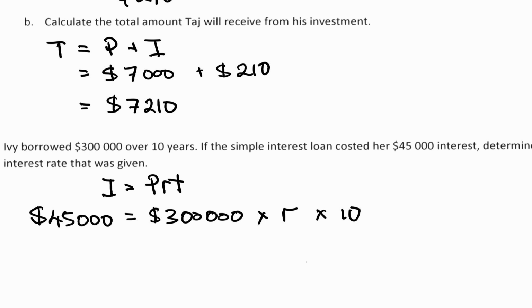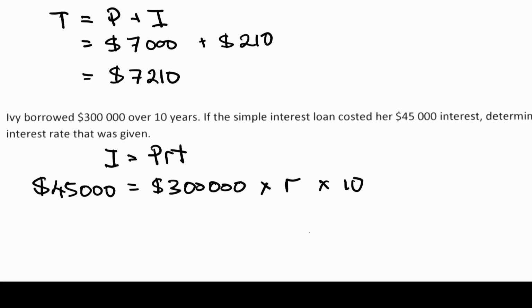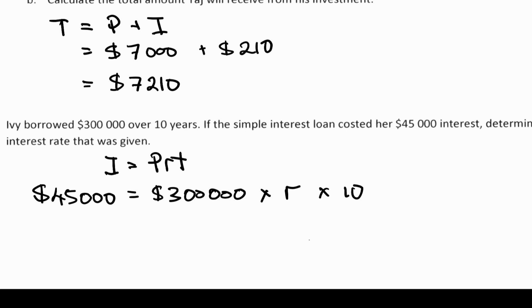Okay. The only thing left to do now is to divide both sides by 300,000 and 10, and that'll leave us with just the R, which is the rate. So we've got dividing the left-hand side by 300,000 times 10 leaves us with just the rate on the other side.